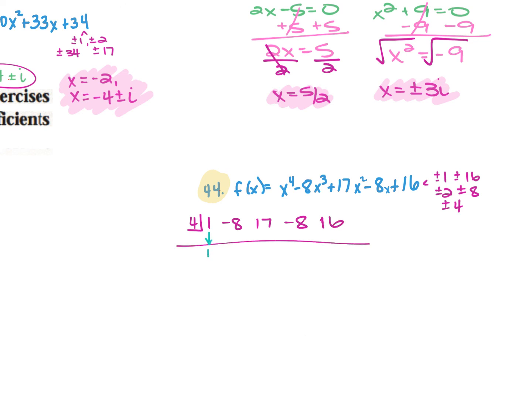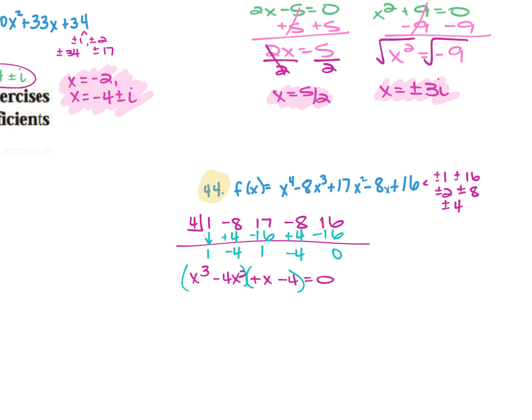Your 1 drops down. 1 times 4 is 4, plus the -8 is -4. -4 times 4 is -16, plus the 17 is 1, times 4 is 4, plus the -8 is -4. -4 times 4 is -16, plus the 16 is 0. So this is going to give you x cubed minus 4x squared plus x minus 4 is equal to 0.